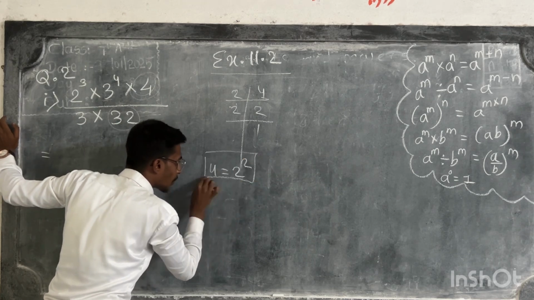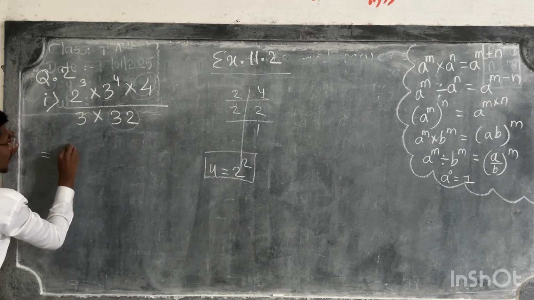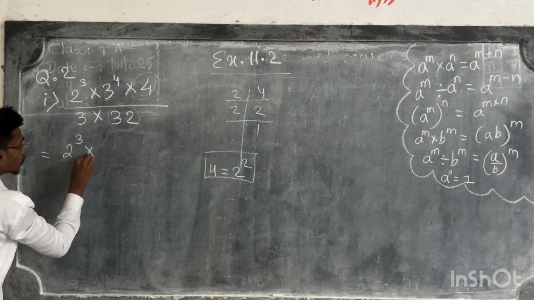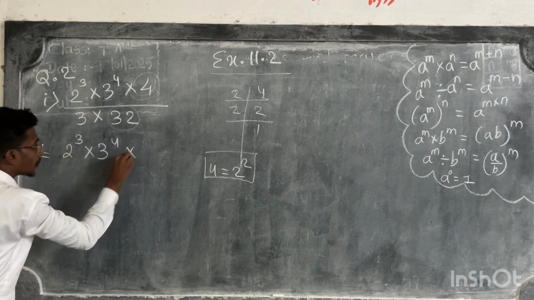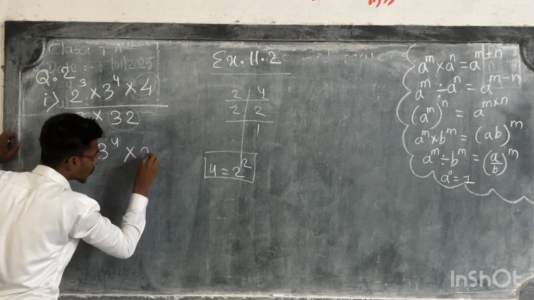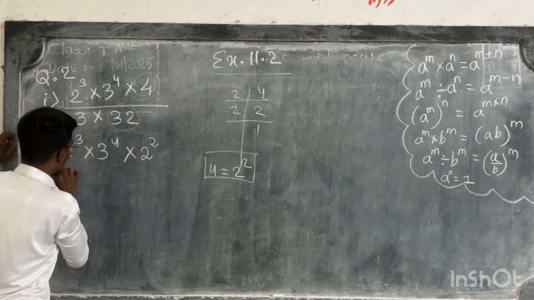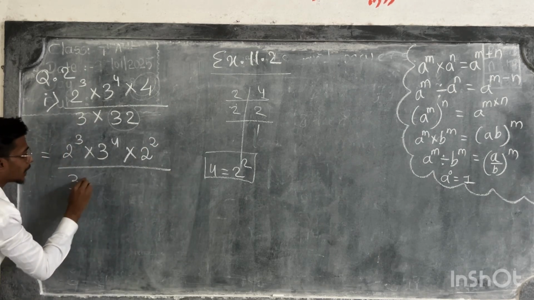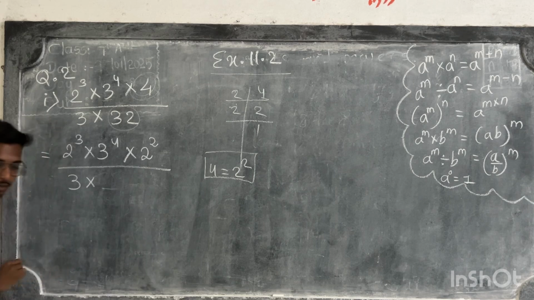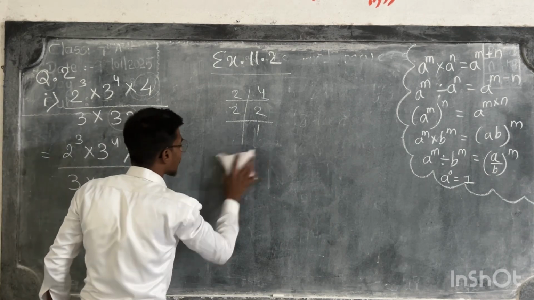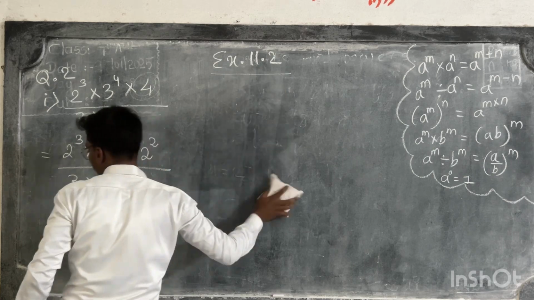So the expression becomes 2 cube into 3 to the power 4 into 2 square divided by 3 into 32. Now we have to find the factors of 32 by using the prime factorization method.